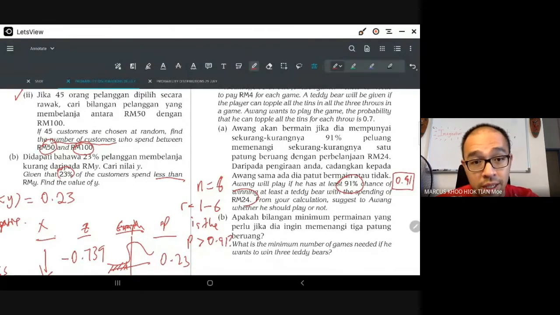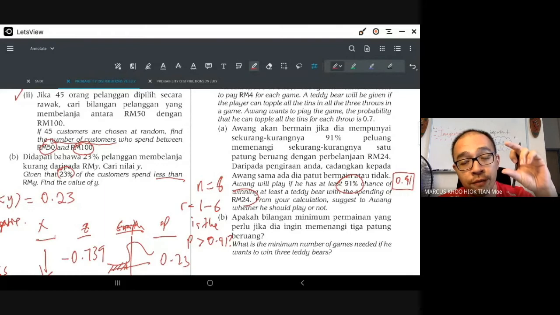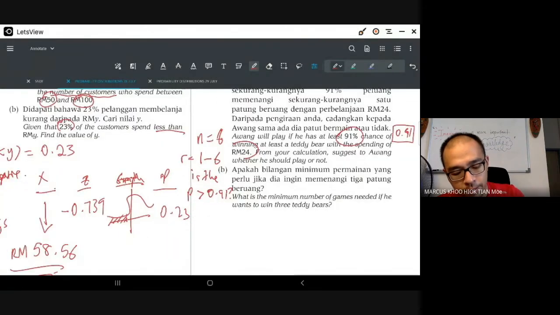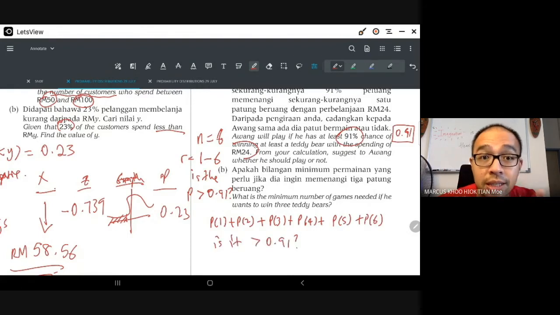If I add the probability of R equals 1, 2, 3, 4, 5, 6, that is P1 plus P2 plus P3 plus P4 plus P5 plus P6. Is it more than 0.91? That's the question that needs to be answered.